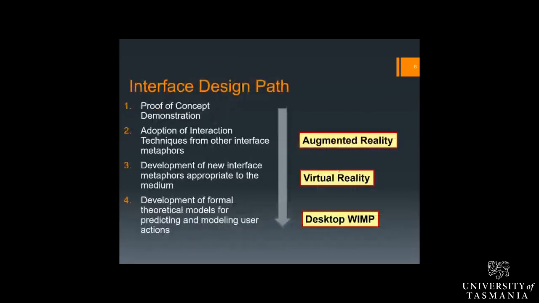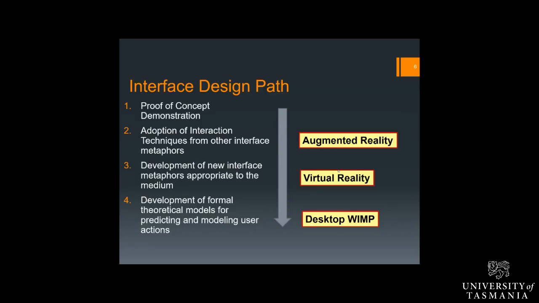So for this interaction interface design path, it usually starts with a proof of concept, like what you do for your assignment here. You create a proof of concept there. Then you generate what we call adoption of technique from the interface metaphor. That's usually what AR is.